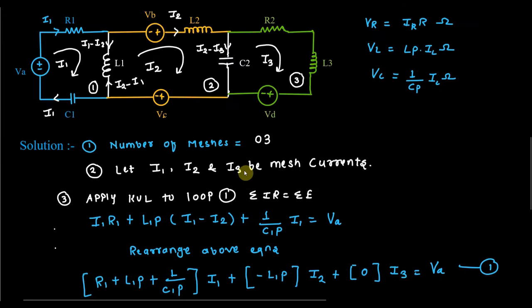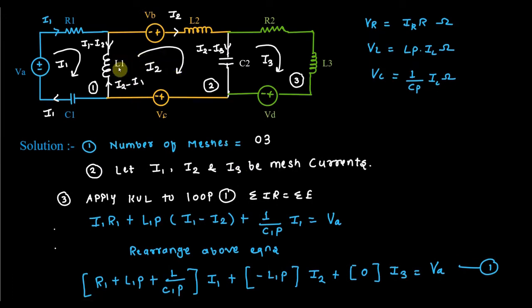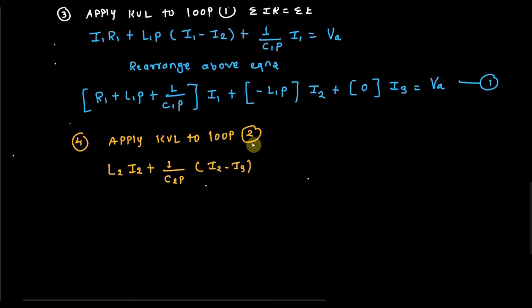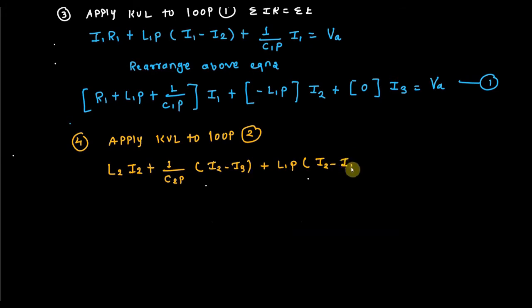Similarly, for L1 it is L1P into I2 minus I1, and this should be equal to the voltage.